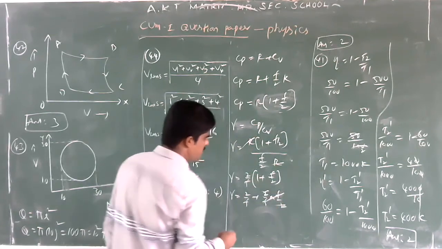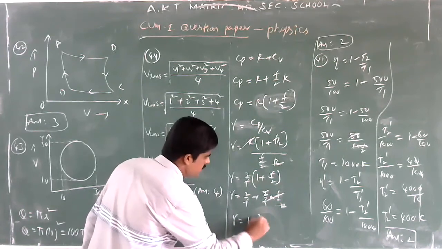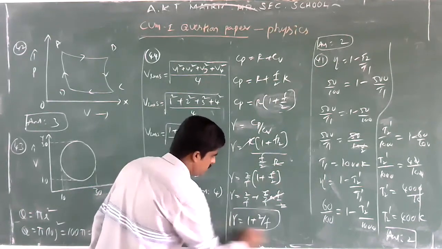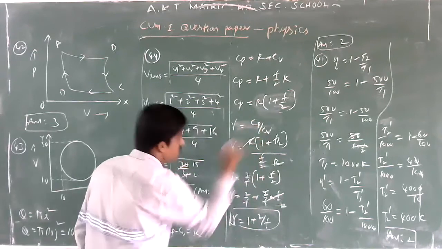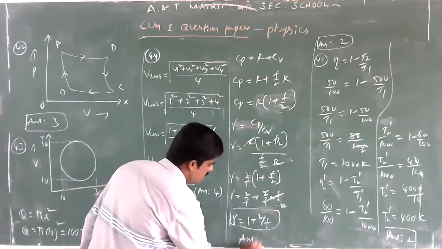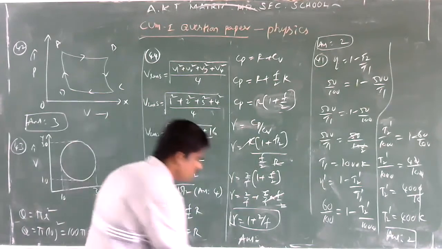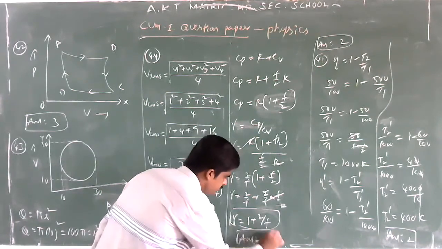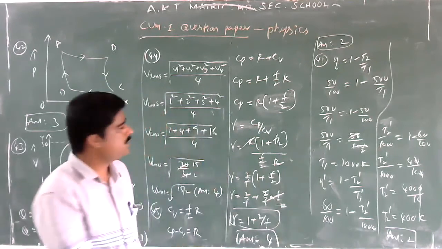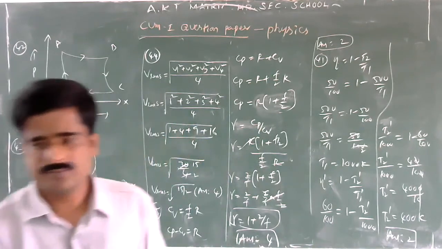The 2 and F get cancelled. Then gamma is equal to 1 plus 2 by F. That is the Cp by Cv ratio. So which option is correct? The last option, the fourth option, is correct. Okay, so that's all. All five questions are completed.